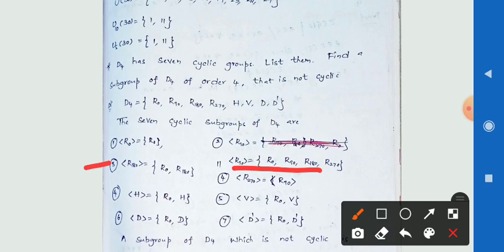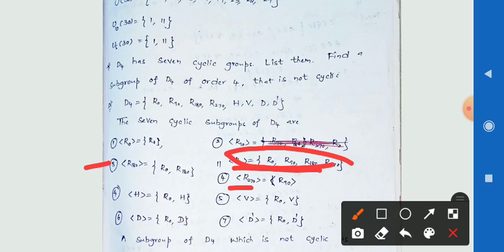Fourth one, the generator R270: the subgroup generated by R270 is equal to the subgroup generated by R90, that is rotation 0, rotation 90, rotation 180 and rotation 270.